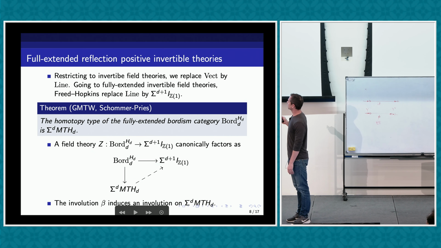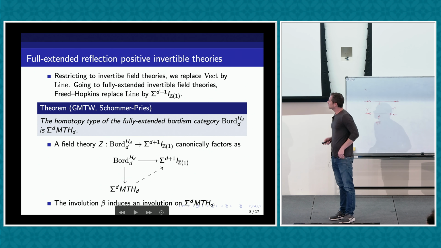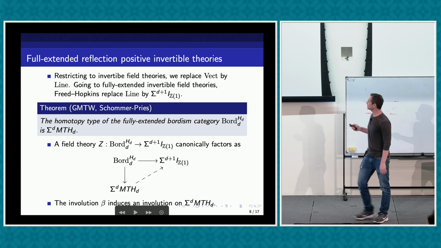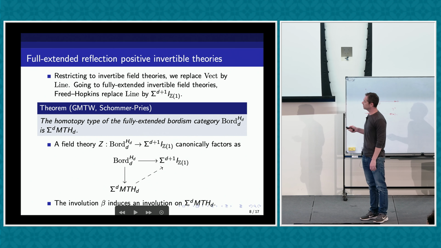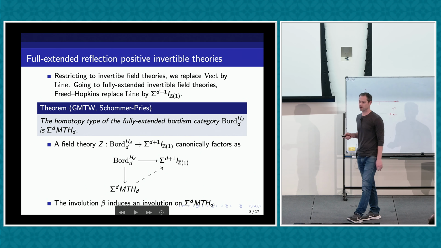So we're going to think of this as a kind of jazzed up version of the one category of complex lines. And then the point is, the homotopy type of the fully extended Bordism category can be computed as a suspension of a spectrum called the Madsen-Tillmann spectrum. This was originally done not for the fully extended case, but just for the ordinary category of cobordisms.